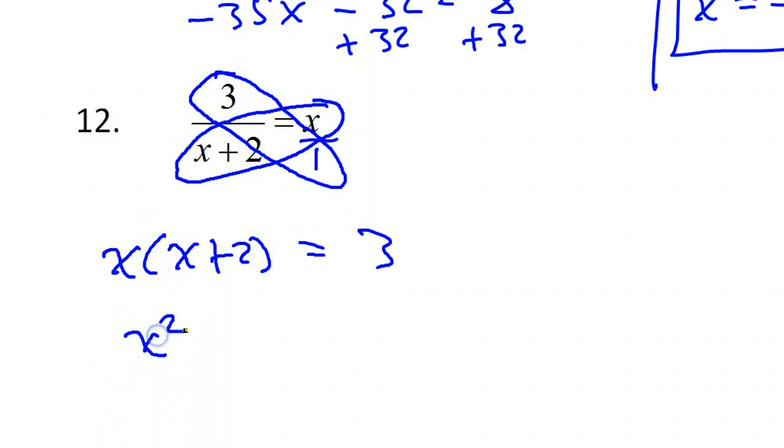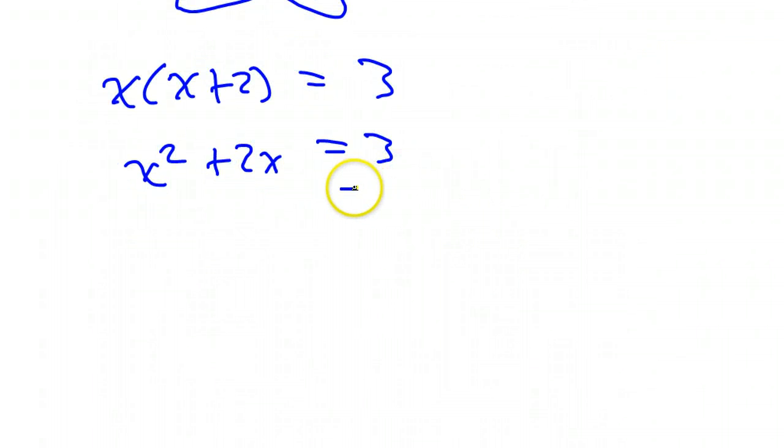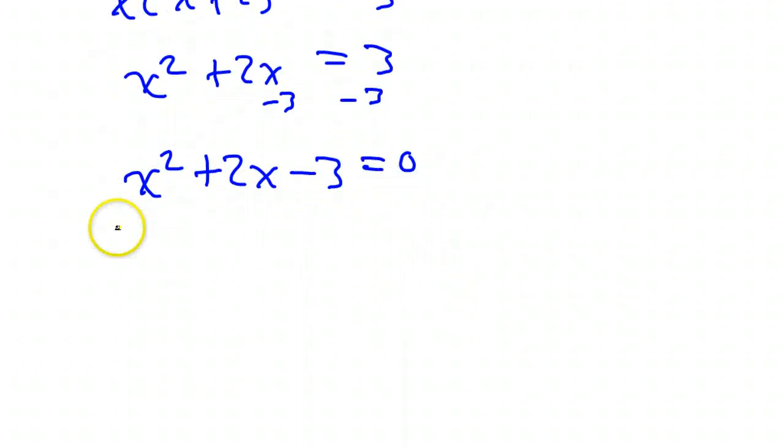Distributing, I get x squared plus 2x is equal to 3. Alright, subtracting 3 from both sides gives me x squared plus 2x minus 3 is equal to 0.